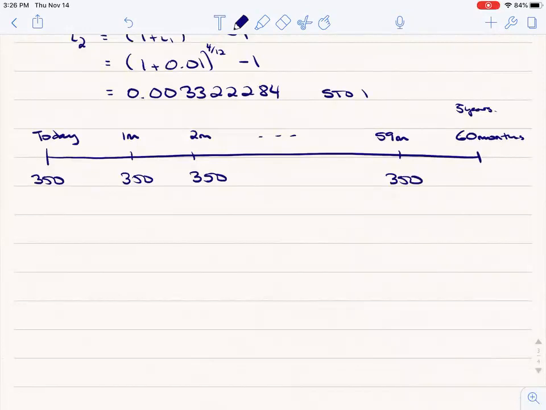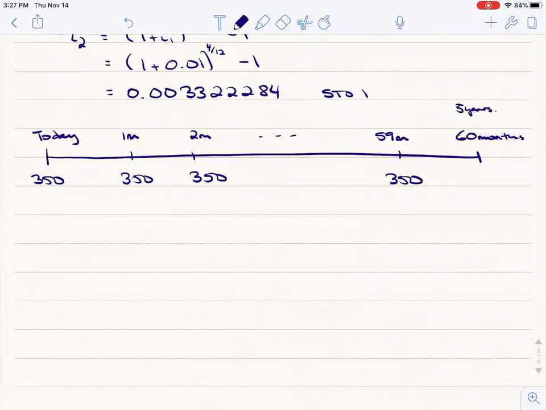And that's our last payment. So if you've got an ordinary annuity or an annuity due, you need to have your payments on your timeline in the right spot. Otherwise, I take a mark off because it's wrong.